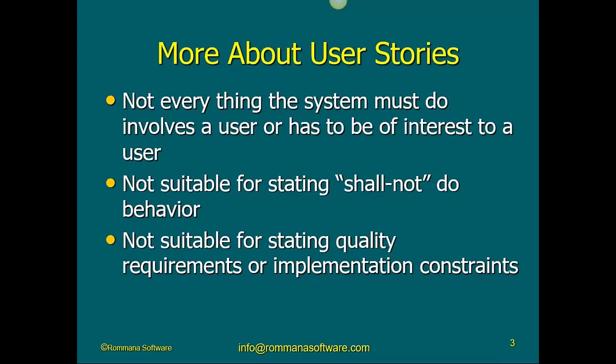But I want to do this. The other requirements I'm referring to are implementation constraints. There are some requirements that have to do with how the system will be implemented. I don't want to get into this because some of you will argue that if it is how, then it's not a requirement, it is design. This is a different discussion. There are some requirements that state implementation constraints, and they are requirements, not design.